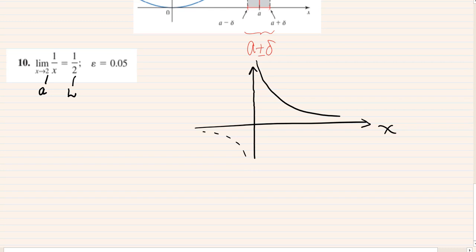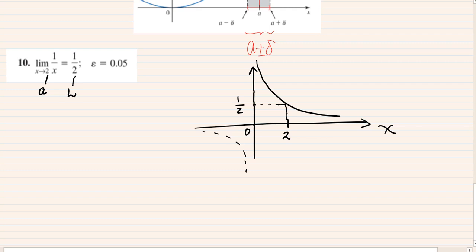Now, x approaches 2, so let's say this is where 2 is. At 2, the limiting value is 1/2. My x and y axes don't have to have the same scale. Therefore, it's okay that the distances from 0 to 2 and 0 to 1/2 don't look proportionate.